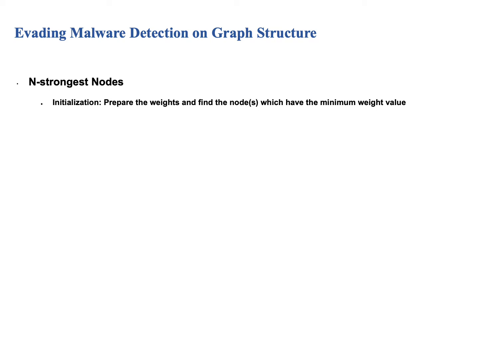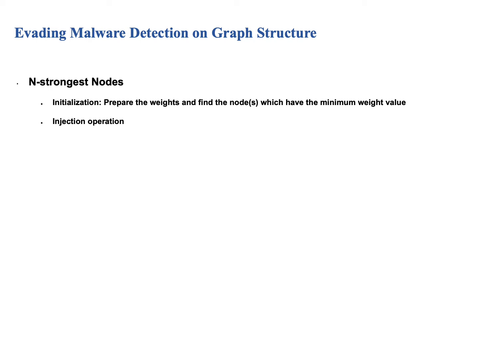And our purpose in injecting adversarial noise is to change the malicious samples into benign ones, which will mislead the malware detection system. So we should find the node which has the minimal weight value.